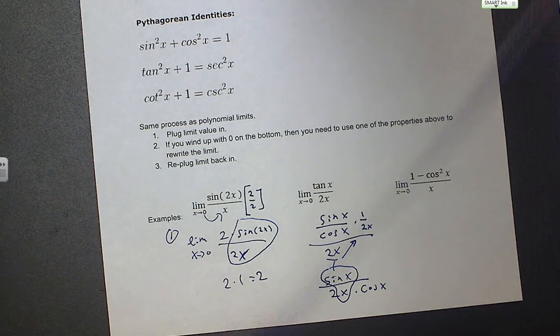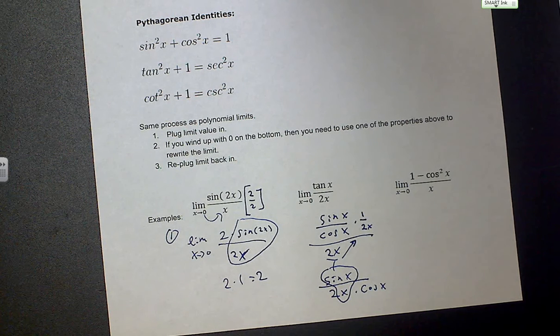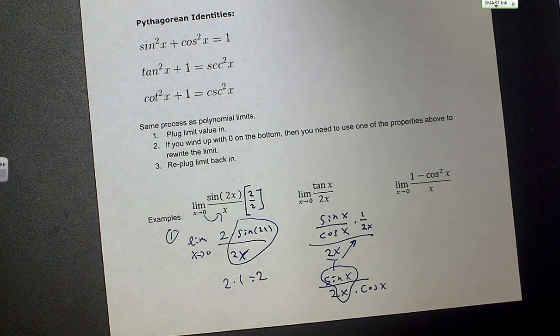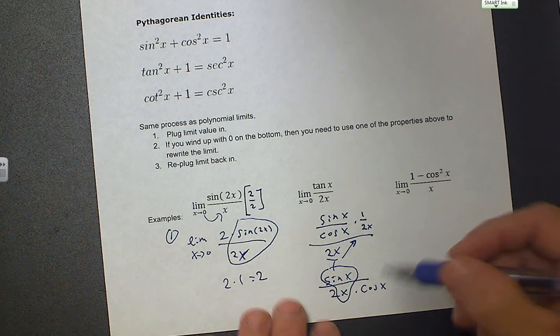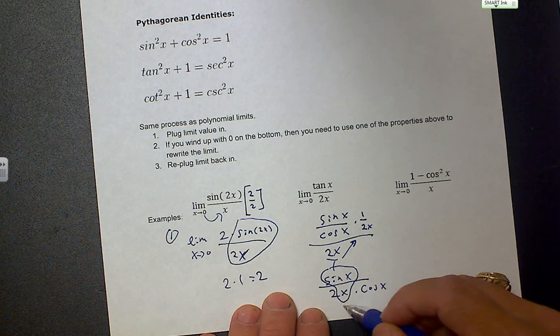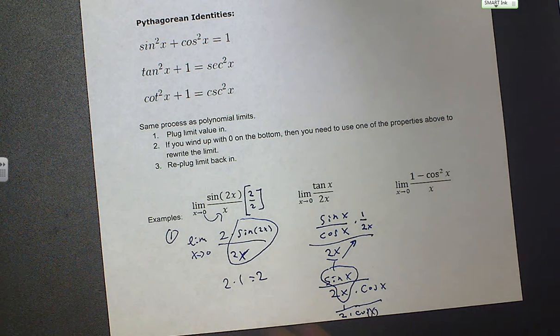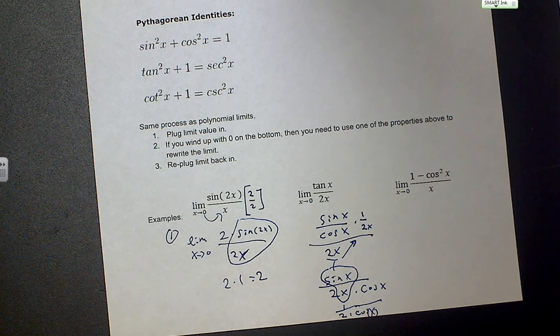What do you see right there? No, I need to multiply by 2. Look, what do I have right here? Oh, sine x over x. Sine x over x, which is 1. So that's 1 over 2 times the cosine of x. Now my last step is always do what?